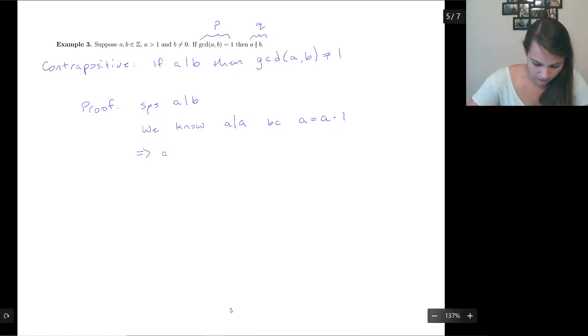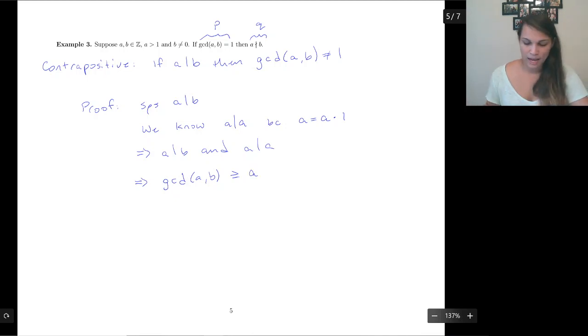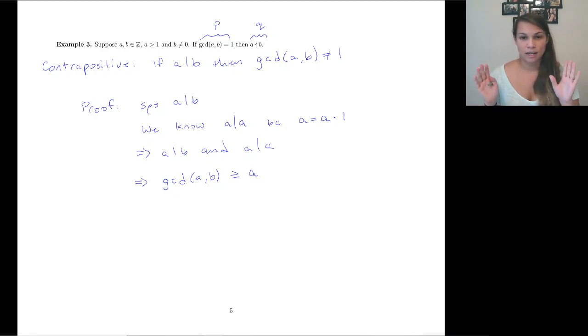So that means we have A divides B and A divides A. So that means the GCD of A and B is greater than or equal to A, because it's the biggest number that divides both of them.